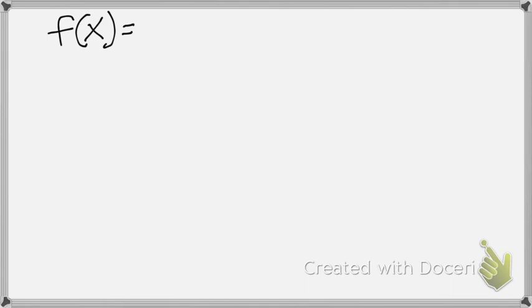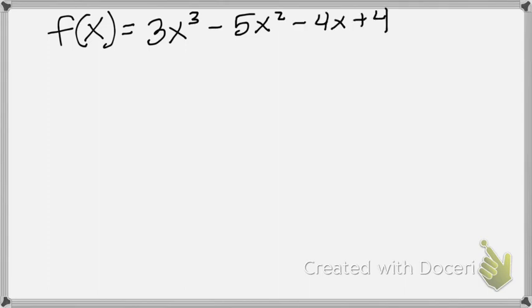Just in case, I'm going to pause this to make sure I have the correct one. Okay, I'm back. We have f of x equals 3x cubed minus 5x squared minus 4x plus 4.